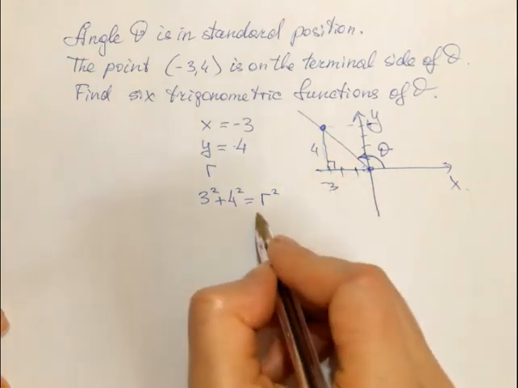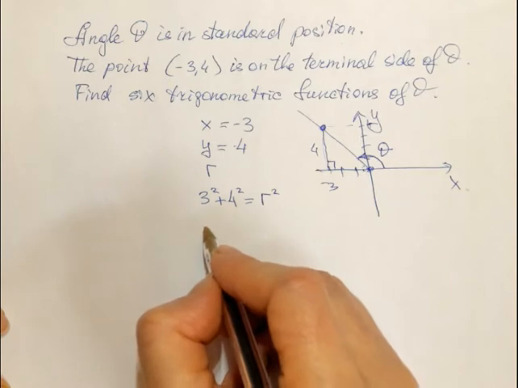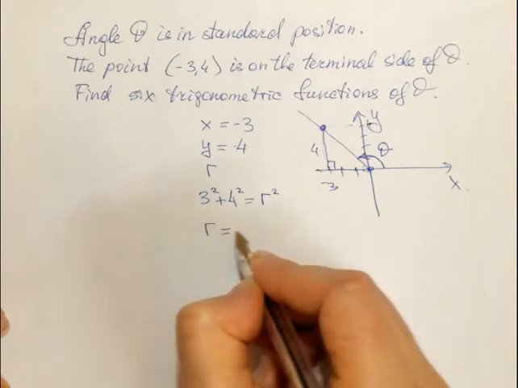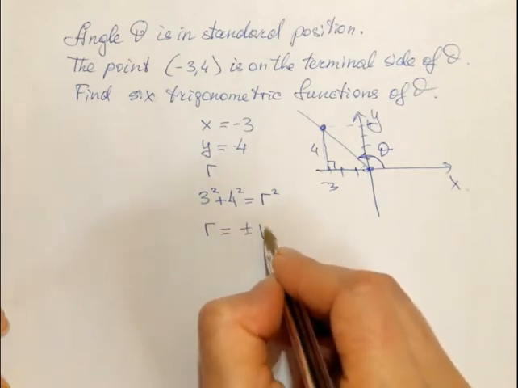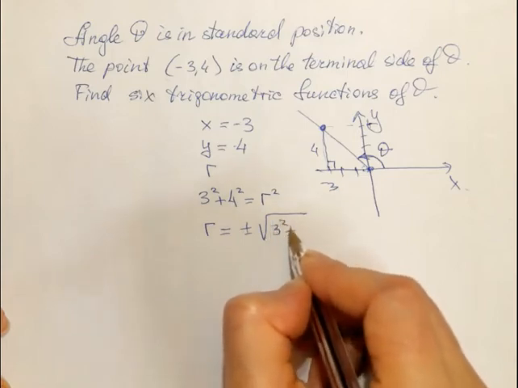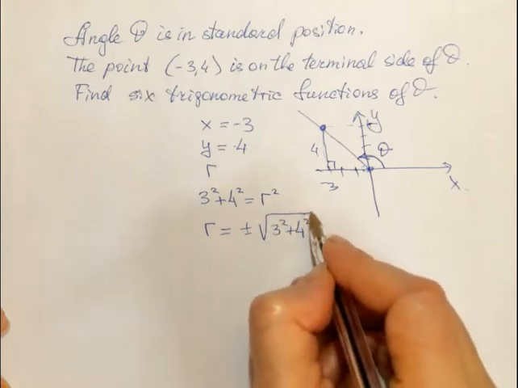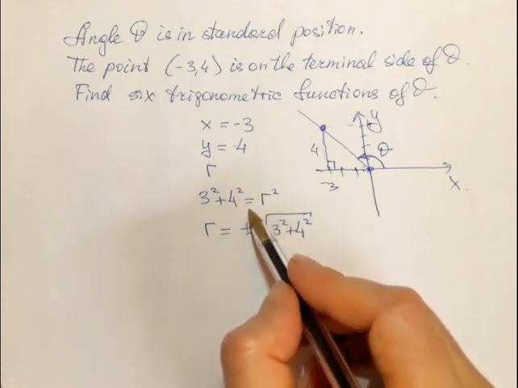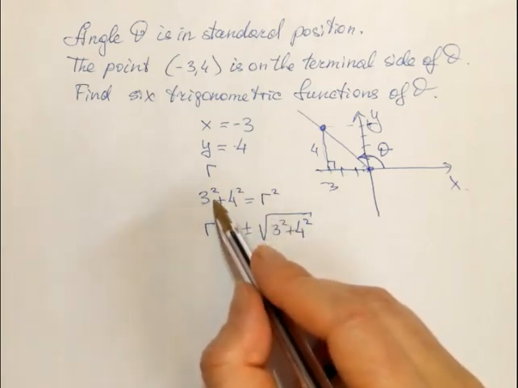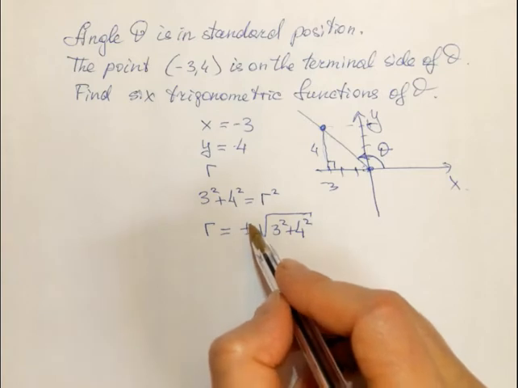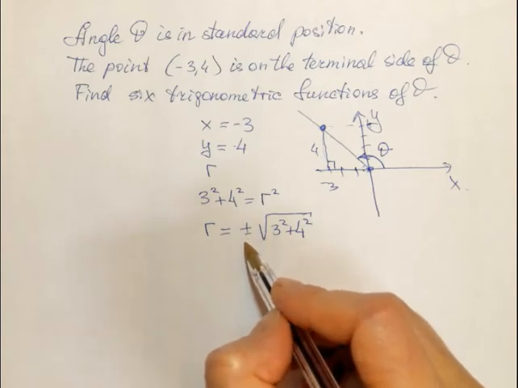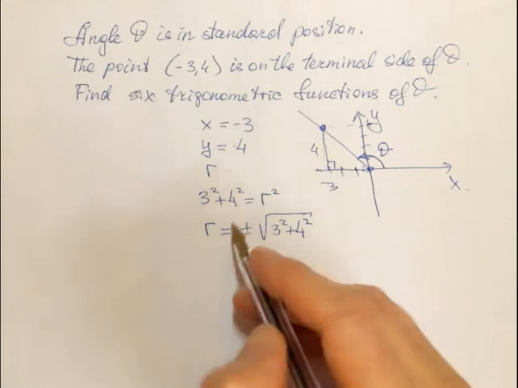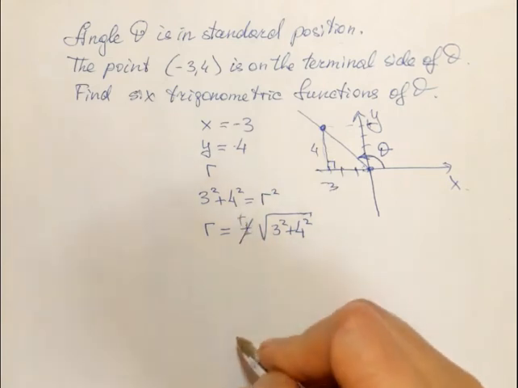So if you take the square root of this expression, r equals positive or negative square root of 3 squared plus 4 squared. Generally the solution of the squared equation can be positive or negative. Of course, for distance we take only the positive sign.